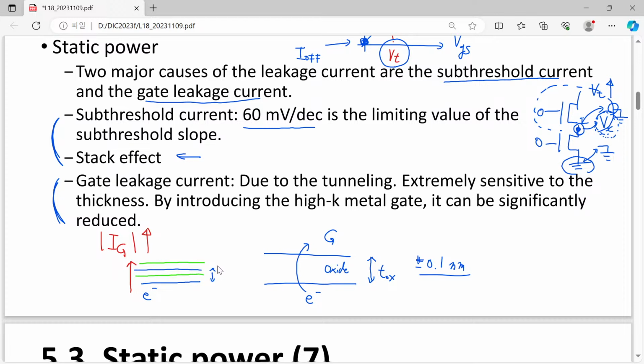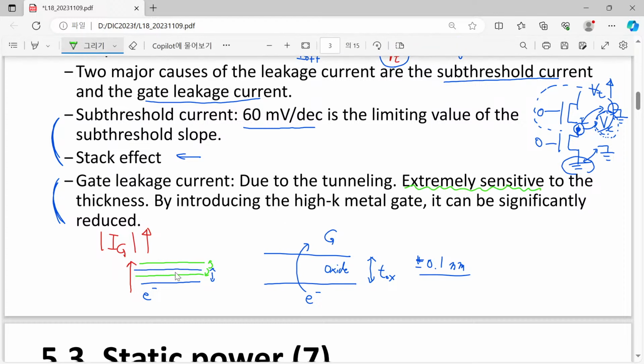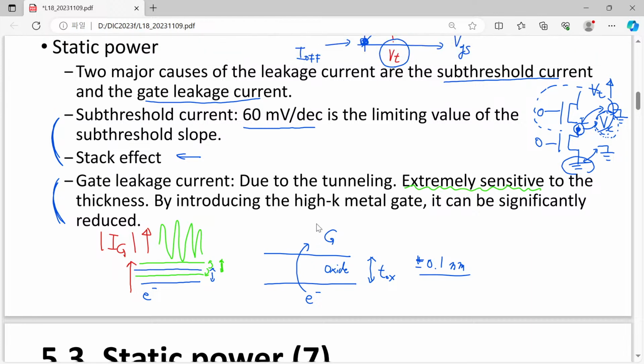Due to fluctuation of your manufacturing procedure, let's say you have a small percentage of increased oxide thickness or small percent of decreased oxide thickness. Since it is an extremely sensitive function of the thickness, this small variation will introduce huge variation in the gate oxide current, the gate tunneling current. So that makes a big problem.